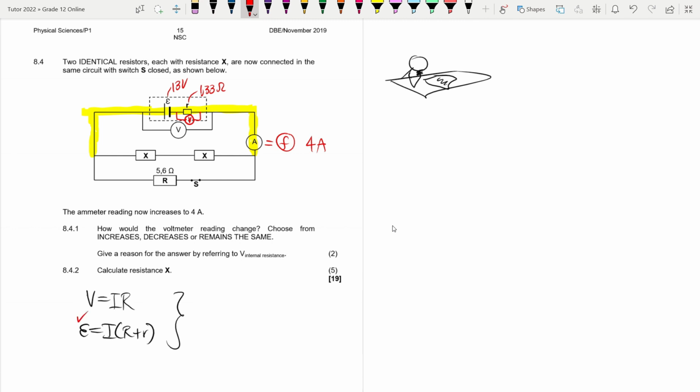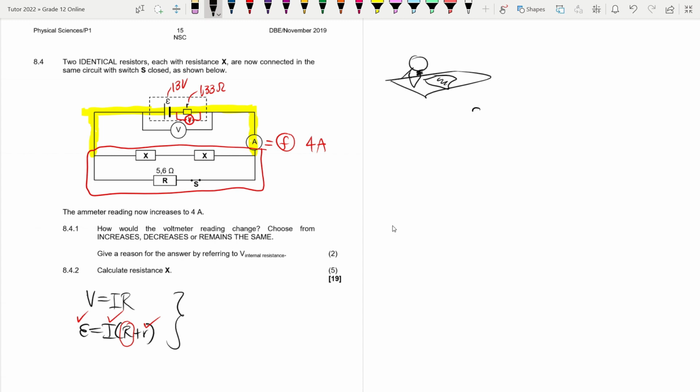X is the same, but that's not where to start. I have the EMF, I have the current, which is given, and I have the internal resistance. So I can find the total external resistance, which accounts for all these three.